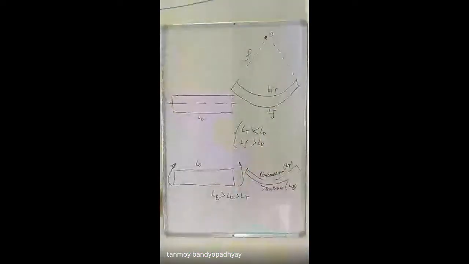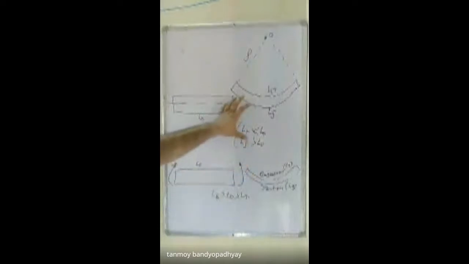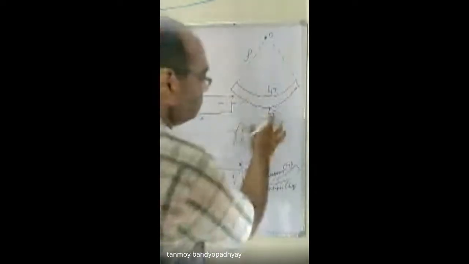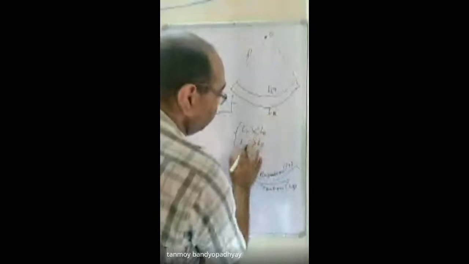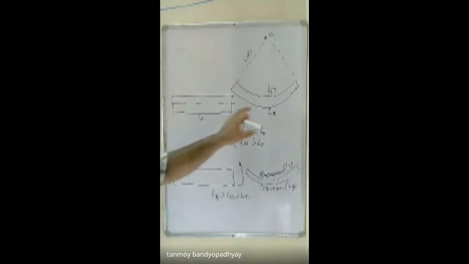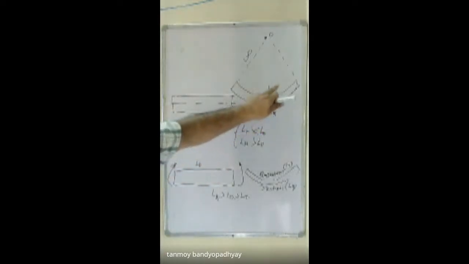The lower fibers have the length of L bottom. So when you are moving from the bottom layers to the top layers, the length is actually changing. A point will come when you are moving along the thickness of the beam where the length will be equal to the original length.